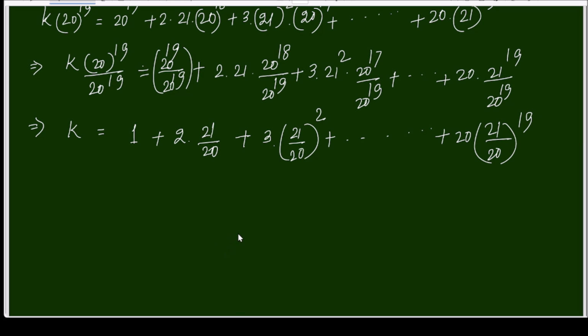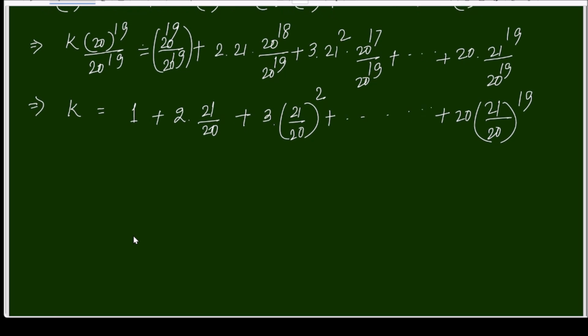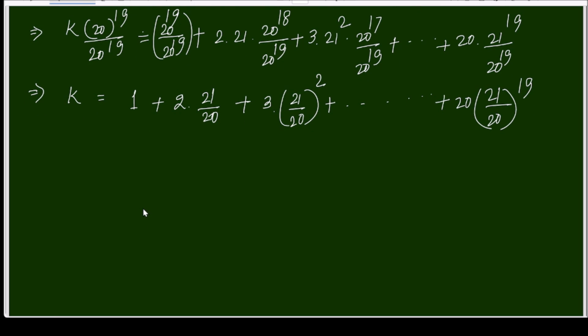So we are getting an arithmetico-geometric series where r equals 21 by 20.